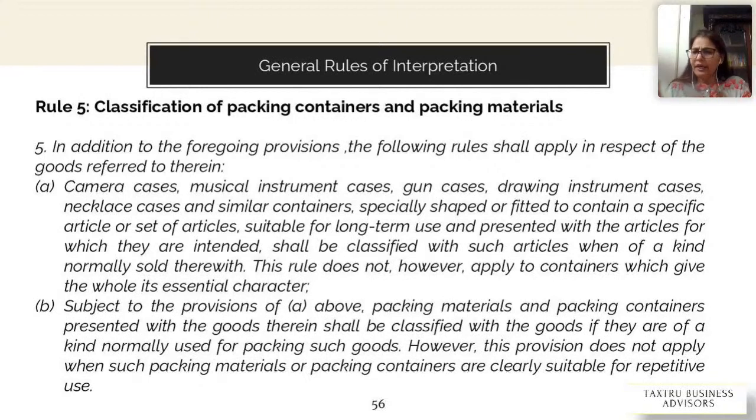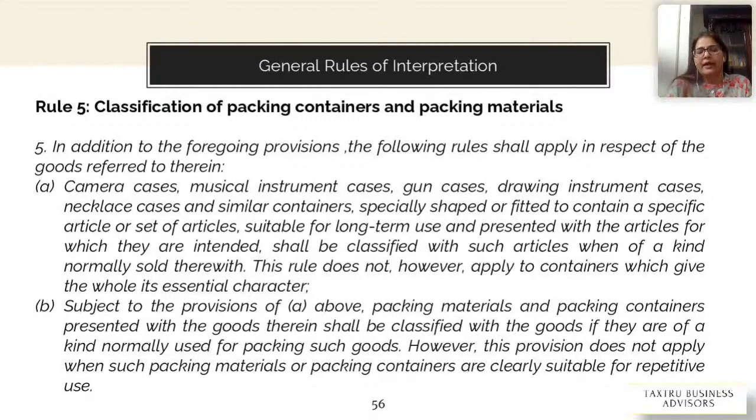Like when you are buying a guitar, you may buy a guitar box also, so that has to be classified along with the guitar only. Camera case along with the camera, jewelry box along with the particular necklace you are buying. It will be attached to that particular piece only, because it gives the essential character.